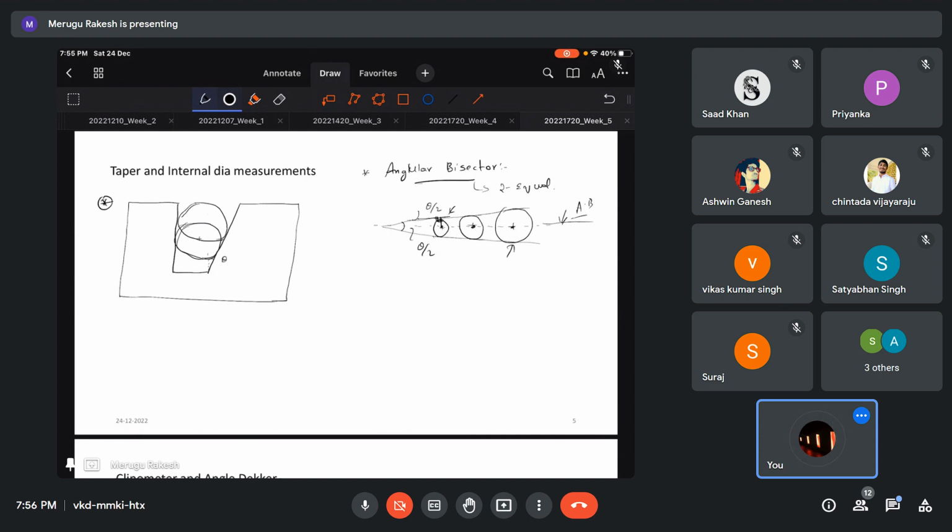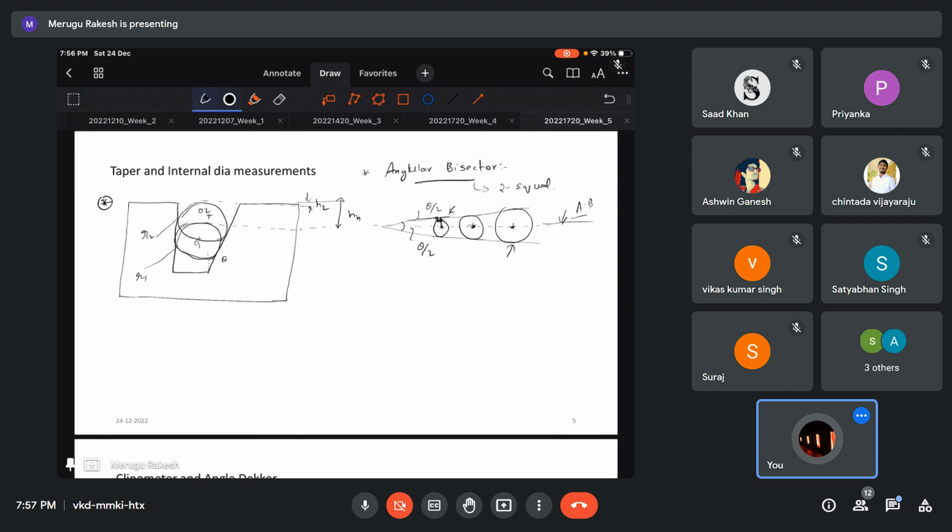I also have the values of these heights. This is the datum, this is h1, and this is a very small h2. Then I have the sizes of these two: O1 and O2 are the centers, and similarly you will have R1 and R2, the radii.